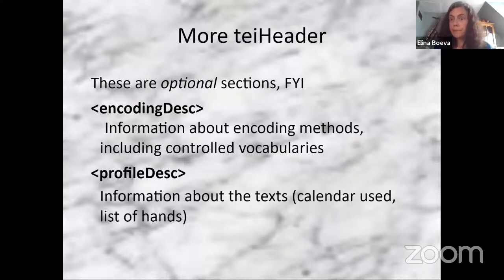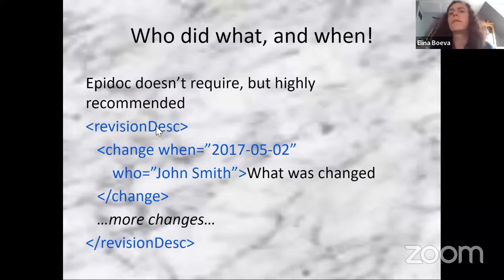So to keep track of the changes, we have the revision description, pardon me, where you have the information of exactly when the thing was encoded, what was corrected, what was erased, and so on.